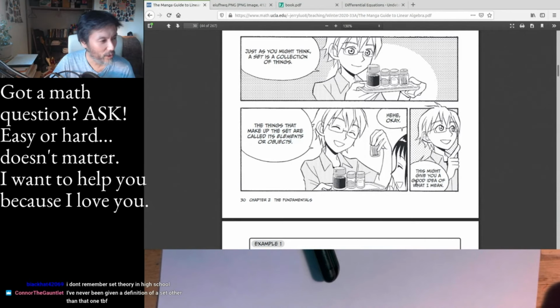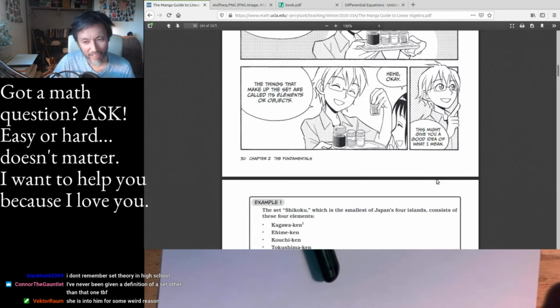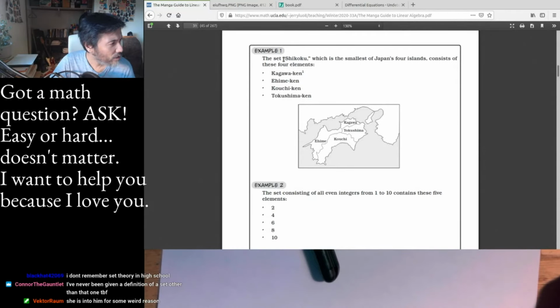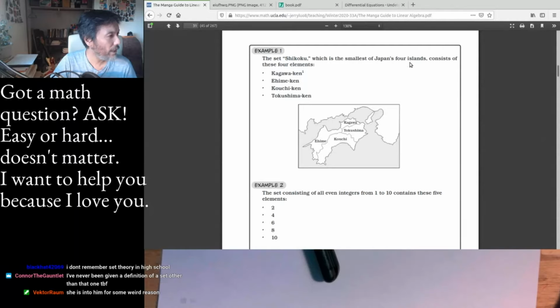This might give you a good idea of what I mean. The set Shikoku, which is the smallest of Japan's 4 islands, consists of these 4 elements: Kagawa-ken, Ehime-ken, Kochi-ken, Tokushima-ken.